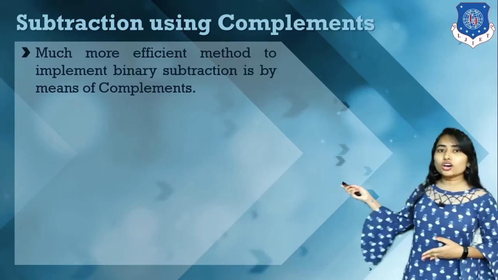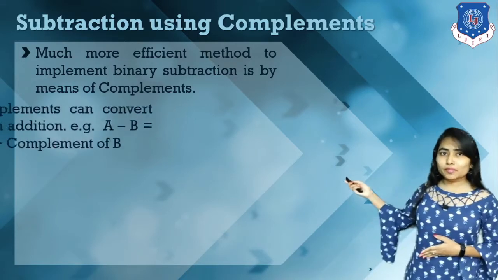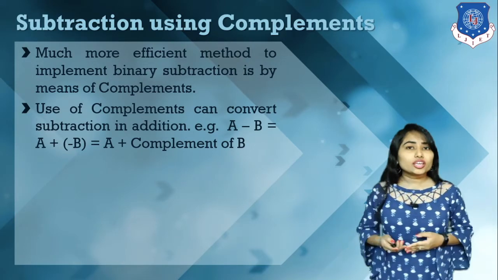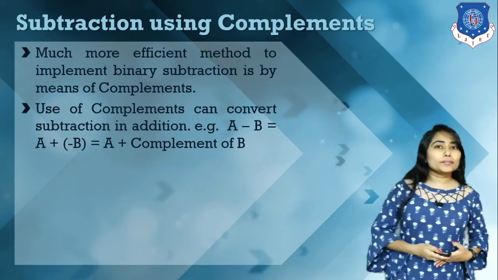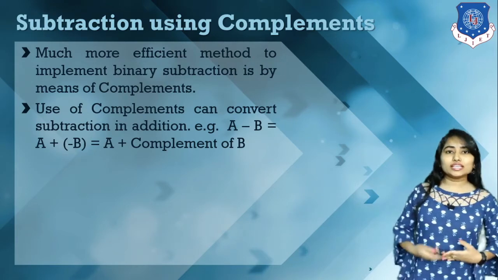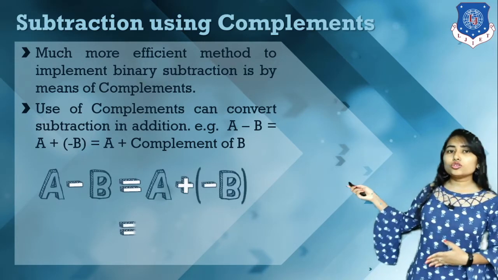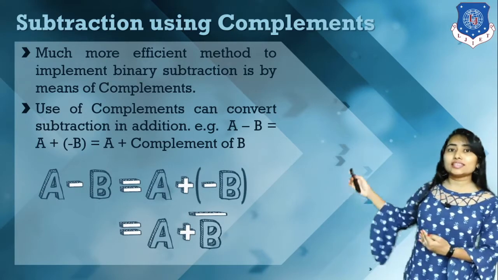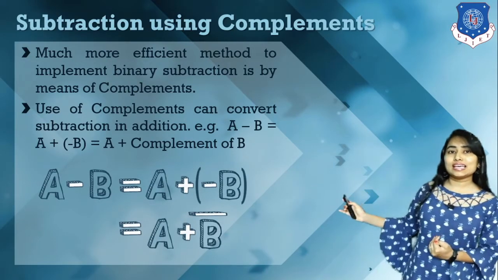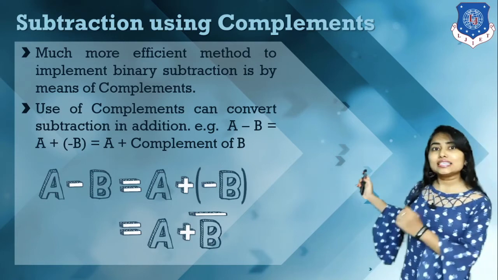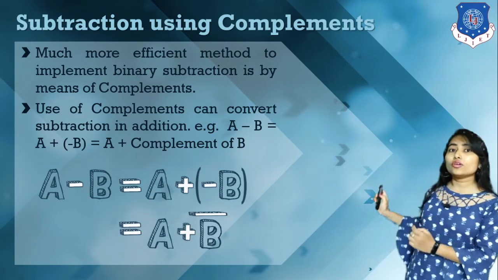Subtraction using complements is a much more efficient method for subtracting two numbers. Why? Because the use of complements turns a subtraction into an addition. If we use complements, then we can convert subtraction into addition. How? Consider A minus B. A minus B is written as A plus (minus B). In digital, minus B is equivalent to B bar.